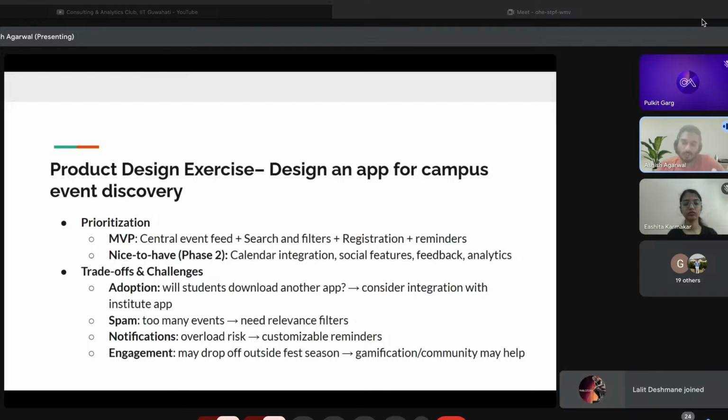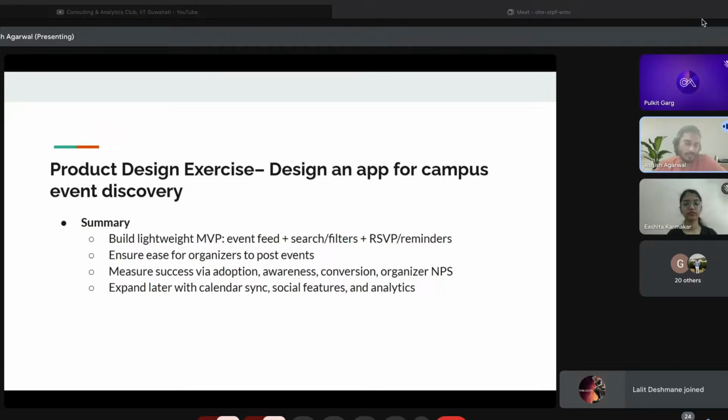So if I have to revisit, what we tried to do in this problem was define that this is the problem and this is the goal that I am solving for. I identified my customers, my users. I tried to define what problems they might be facing without it. And then I went on to define success metrics of my app.